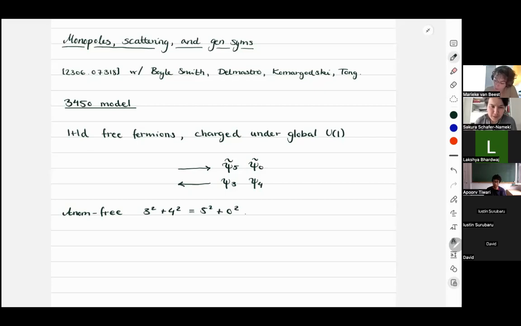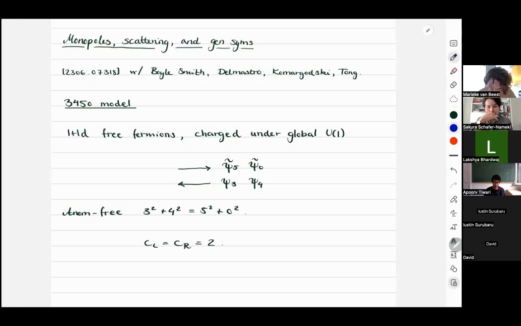Furthermore, I also have this completely uncharged fermion, which doesn't really play any role except that it makes sure that the gravitational anomaly vanishes as well. So we have the same number of left movers as right movers. Okay, so that means that these symmetries are anomaly free. And that is a necessary condition for the existence of a conformal U(1) preserving boundary.